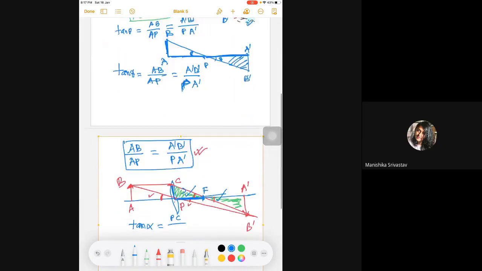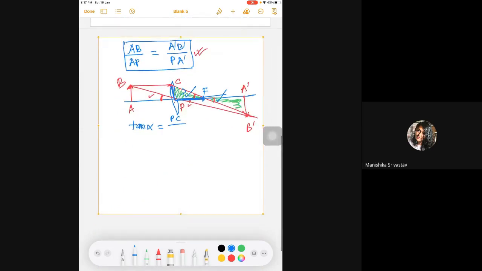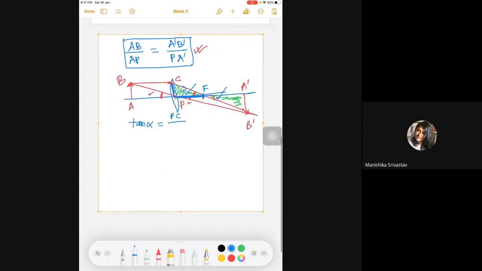Okay, so here you have to do this PC by PF. From this particular triangle we are getting that. From another bottom triangle, what are we getting? Same tan alpha, because this angle is alpha, this angle will also be alpha.